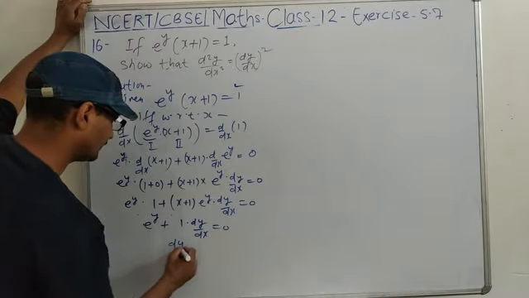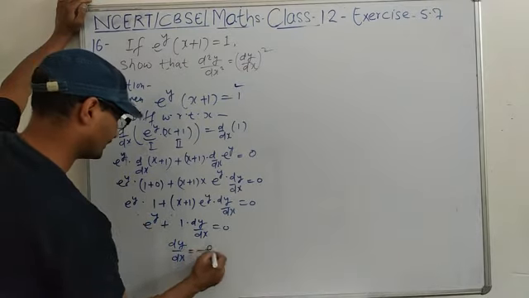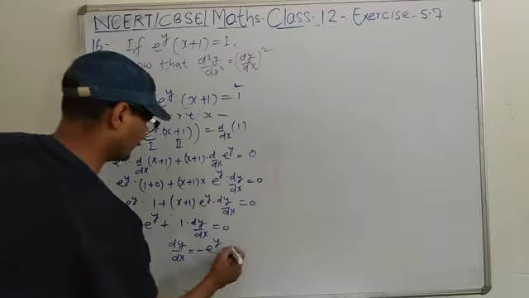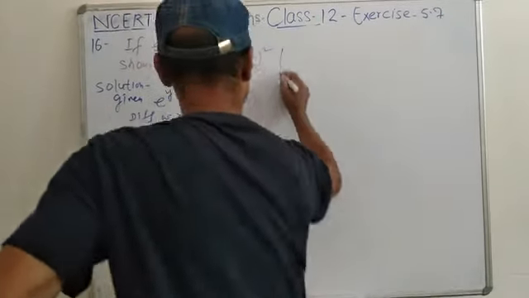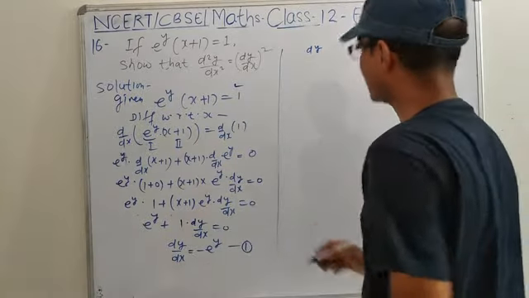Then dy by dx is getting plus, going this side, minus e to the power y in this equation number 1. So we got dy by dx is equal to minus e to the power y.